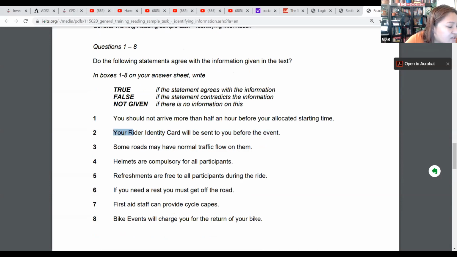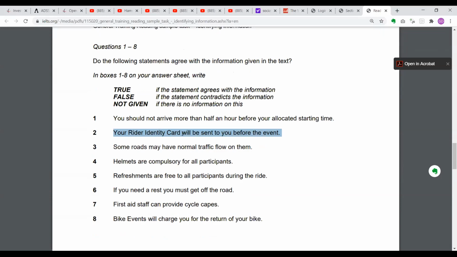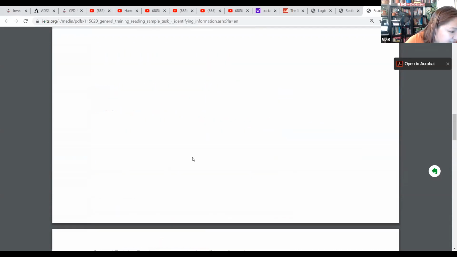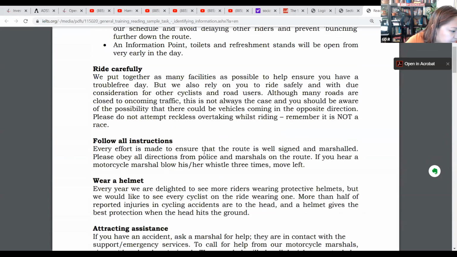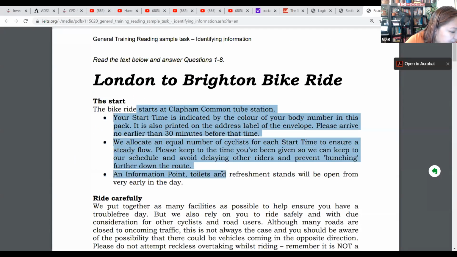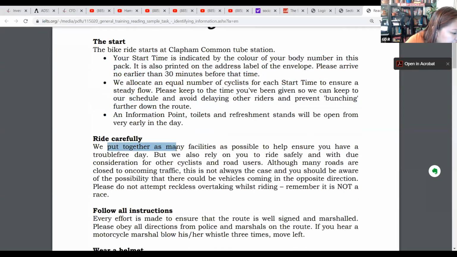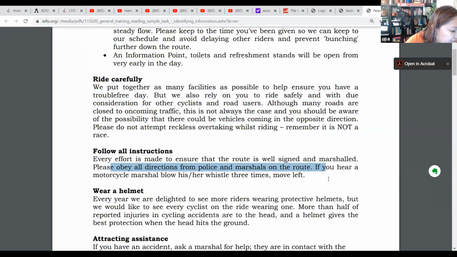So let's go and look for any information on the passage regarding rider identity card. So let's go back to the passage. Let's start from the beginning. Here you don't see anything regarding the rider identity card. Here, do you see anything about the rider identity card?